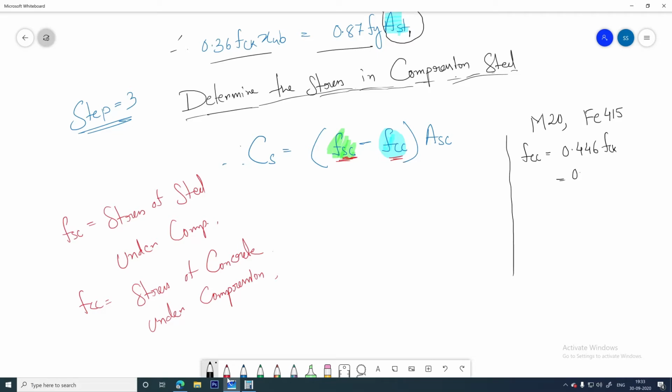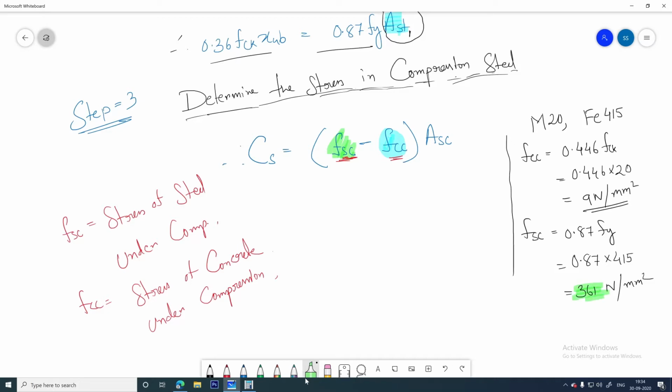That means 0.446 into 20, it is near about 9 Newton per millimeter square. Okay. Now if you determine the FSC, FSC is 0.87 Fy. So 0.87 into 415, and it will give you a value of 361 Newton per millimeter square. Now you can see this 361 is very high with respect to this 9 Newton per millimeter square.